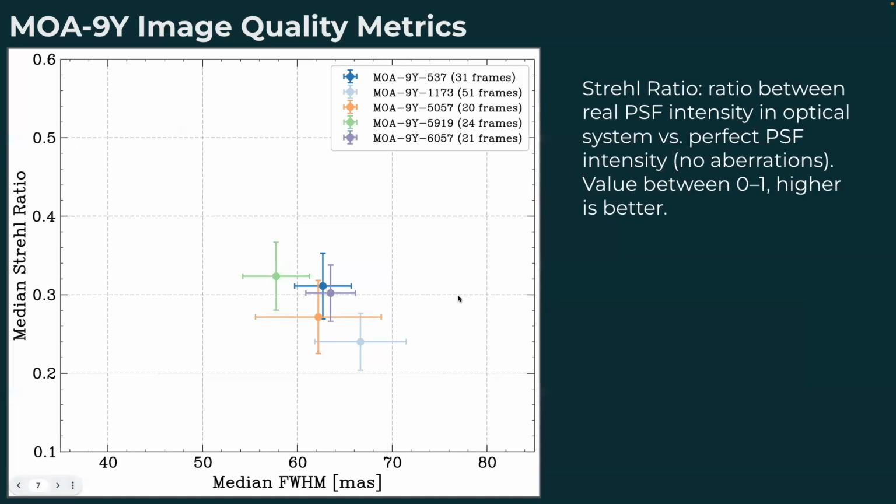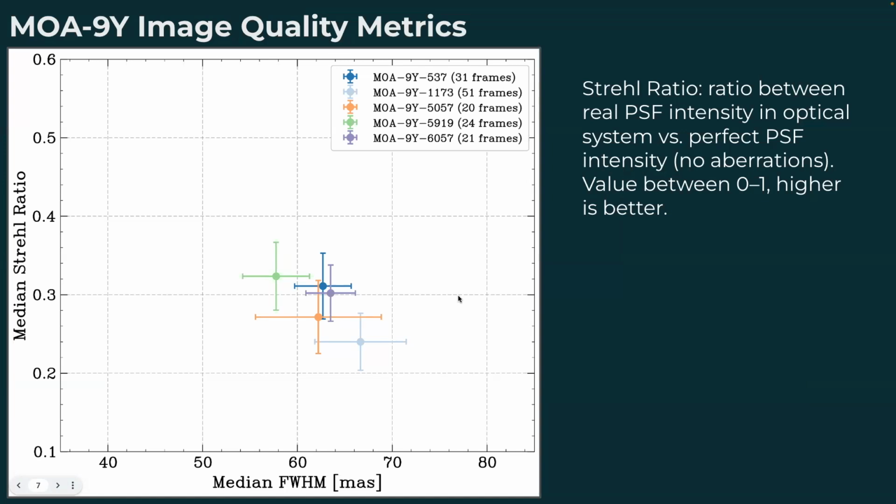So Strehl, for anyone not familiar, basically it's this ratio between the real PSF intensity going through the optical system compared to the perfect PSF, so with no aberrations or anything. And so this value is typically between 0 and 1. So these are the 5 9-year targets that we observed, and the median Strehl ratio and full width half max.